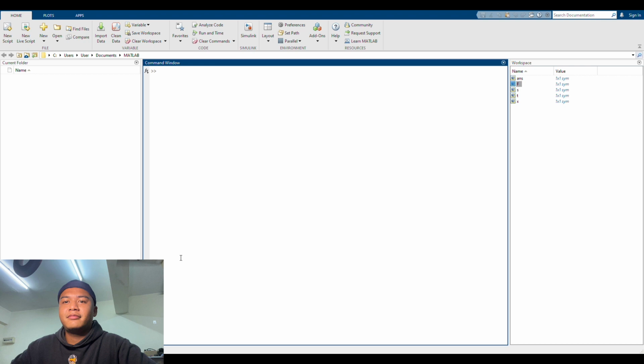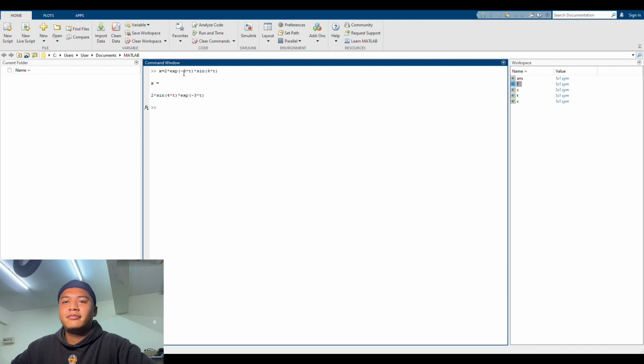Alright, next I show you about the coding from this question. If we don't put the semicolon, so if we enter for the x, this coding shows you again about the equation.